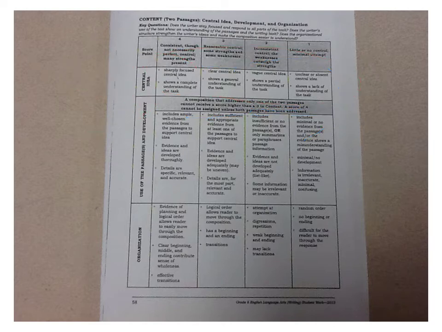Now the next section of the rubric we're going to look at is right here, use of the passages and development. Before we really go into what the rubric says here, we want to make sure that we're really focusing on this area right here.